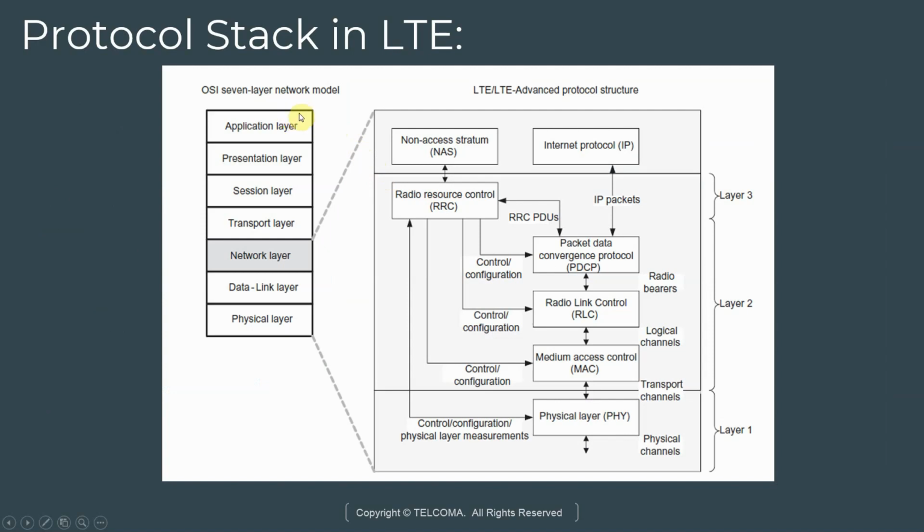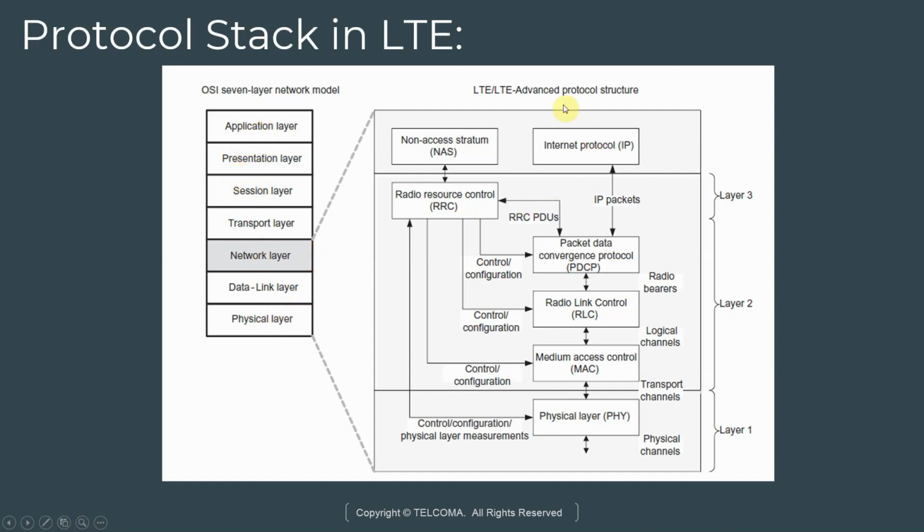So on this slide, what we have shown is the OSI 7-layer network model here, which is probably familiar to you. You have the physical layer, data link, network, transport, session, presentation, and application.